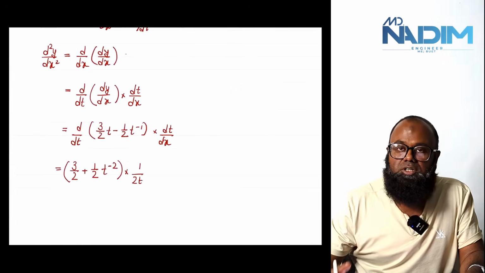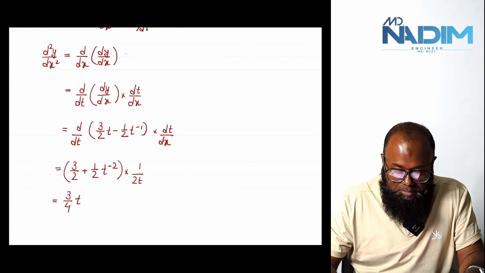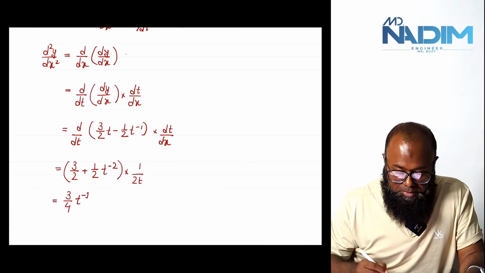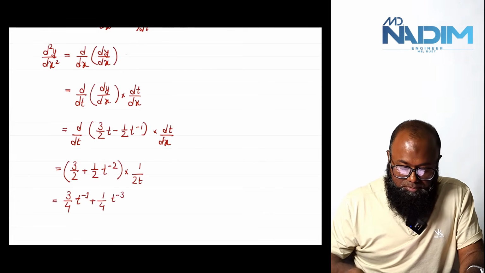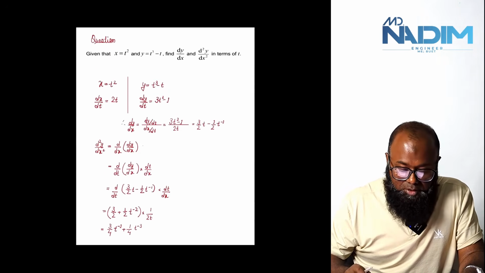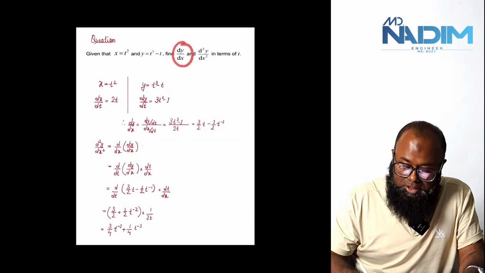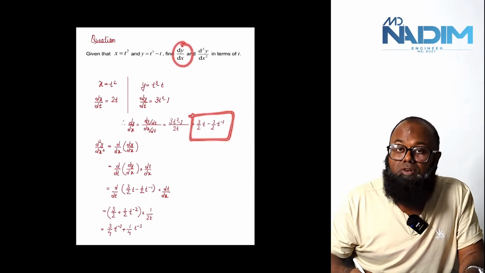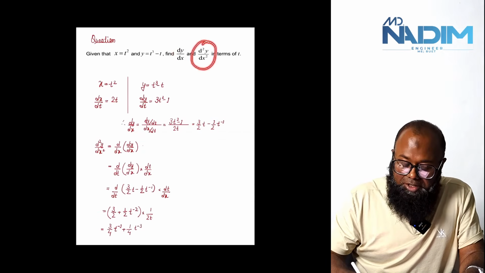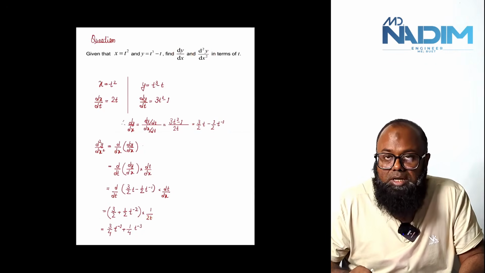Now, if we do a further simplification here, we can easily get the expression 3 by 4 plus 3 by 4t to the power minus 1 plus 1 by 4 t to the power minus 3. So I have got the expression for dy by dx in terms of t, and I have also got the expression of second derivative in terms of t. So this is the end of this sum, guys.